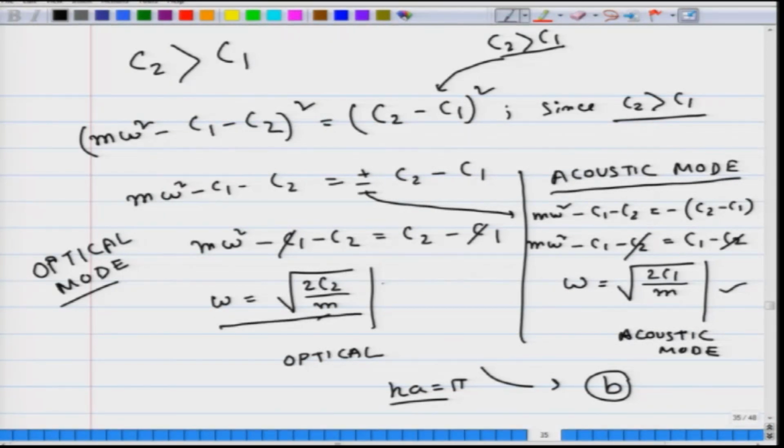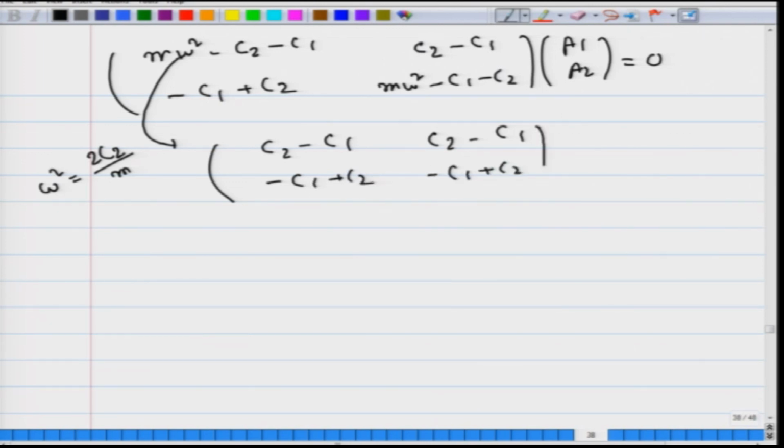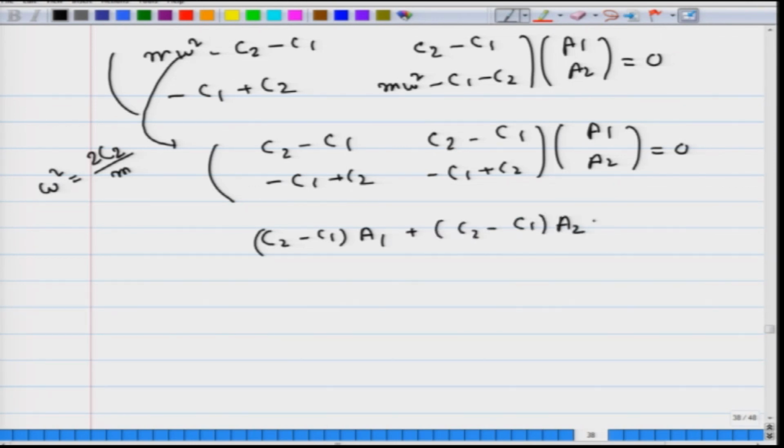So, putting that value, we get C2 minus C1 into A1 plus C2 minus C1 into A2 equals to 0.